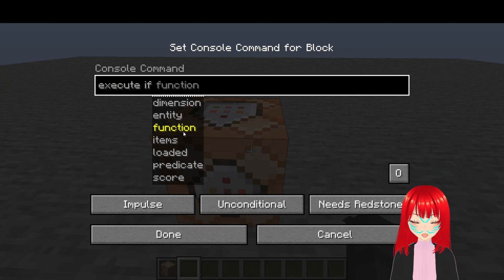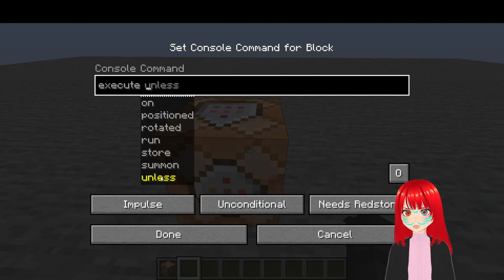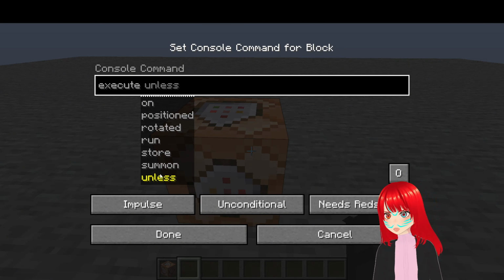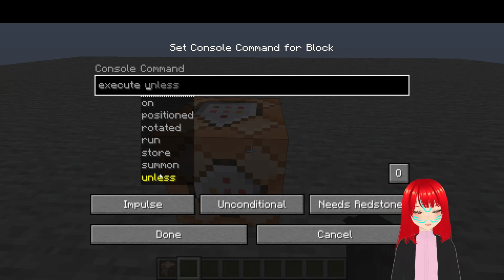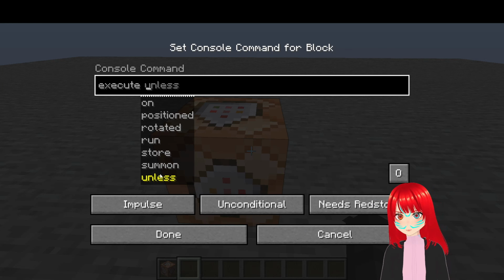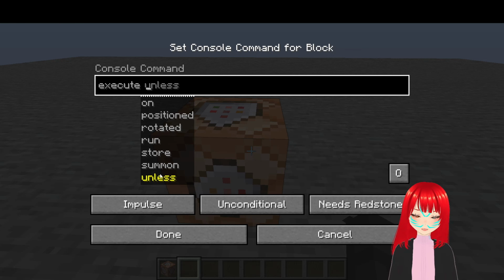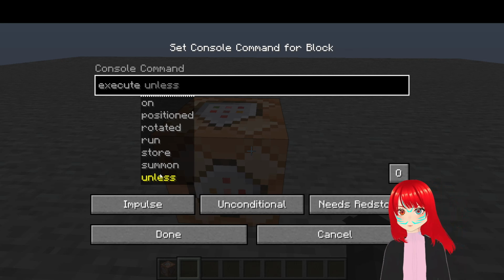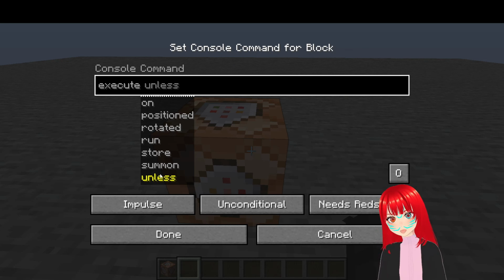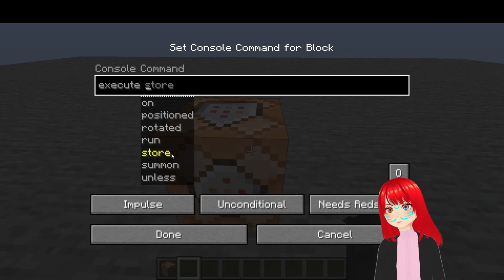It has the same stuff. It's the exact opposite, right? If something happens, then you execute the command, and unless that happens, then you execute the command, which means everything else happens. It continues to happen unless something else happens. Hence why it's called unless instead of like an else statement, but you know, it's just like that.